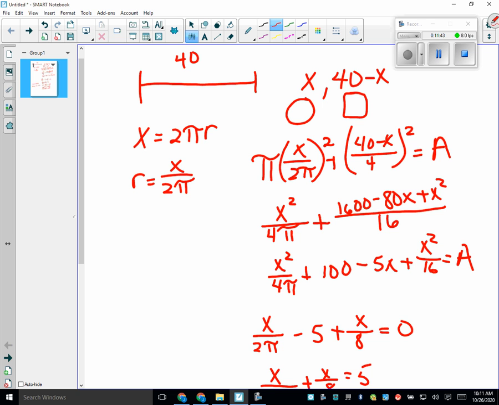So what is r? So for the circle, isn't it going to be pi times, you said 20 over pi squared?